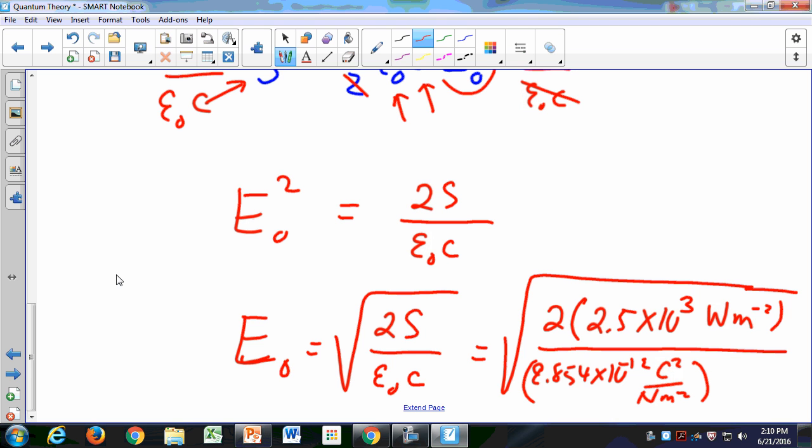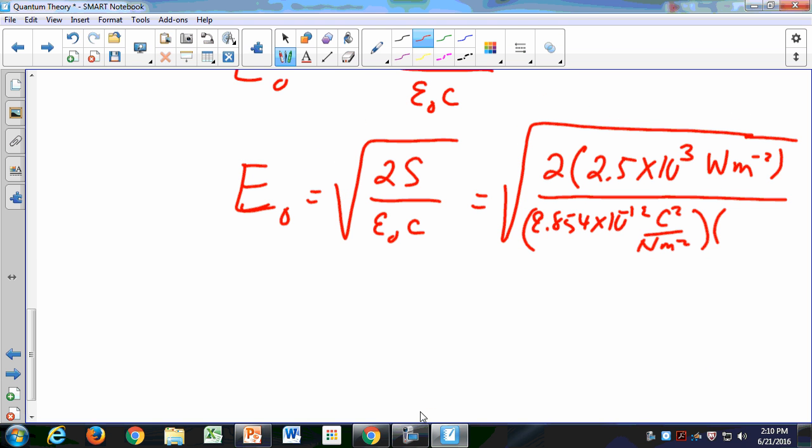And our speed of light is 2.998 times 10 to the 8 meters per second.